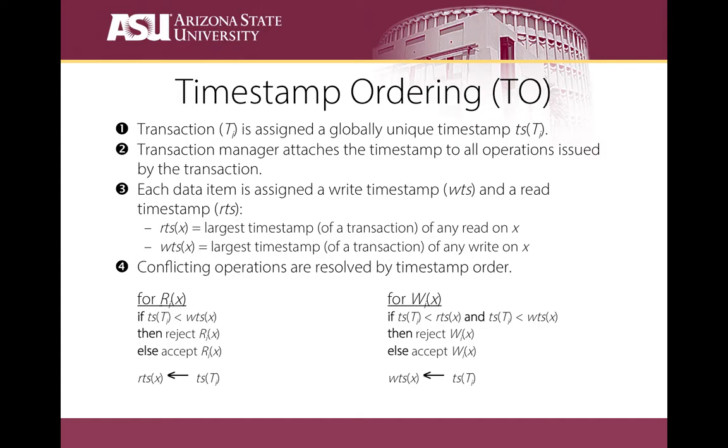If somebody has written X before, right? So what do you want to make sure of? That there is no younger transaction than Ti that has written anything to X.